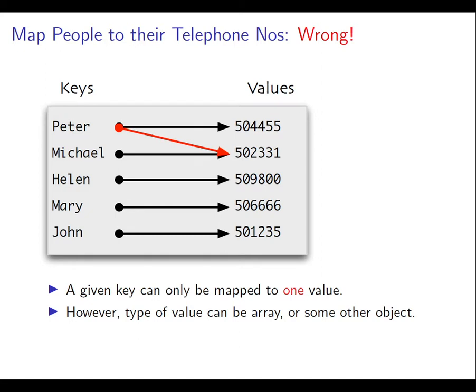However, it is perfectly possible to allow the type of value to be an array or some other object, so you can end up saying, well, if you really want to associate Peter with more than one matric number, then perhaps the type of your values should not be matric number but should be list of matric number or something like that.